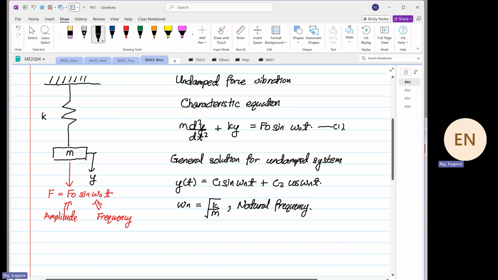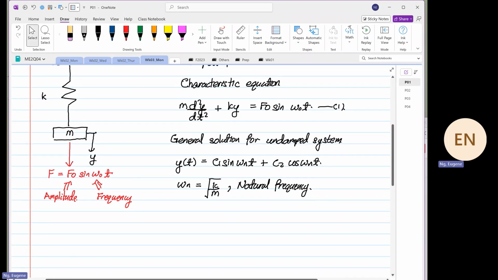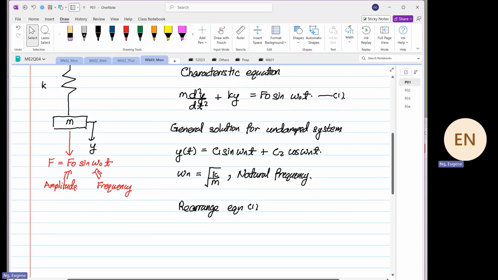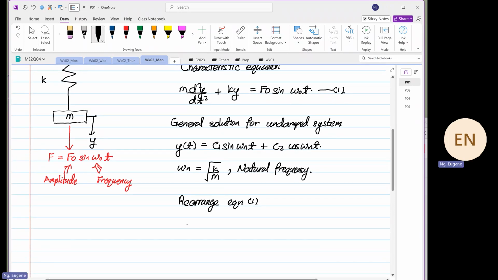So if we were to rearrange equation number 1, we bring down the m term. So we have d squared y over dt squared plus k over m y, and this is equal to F naught over m sine omega naught t.